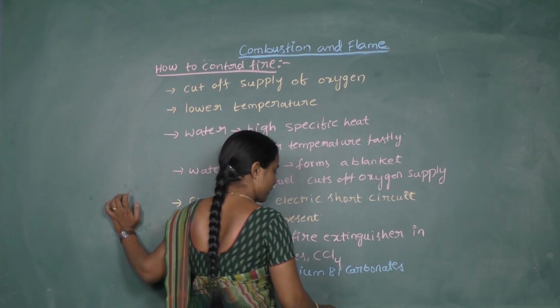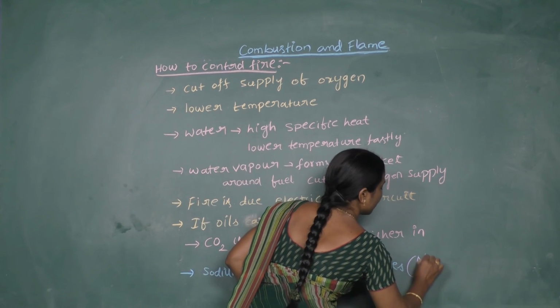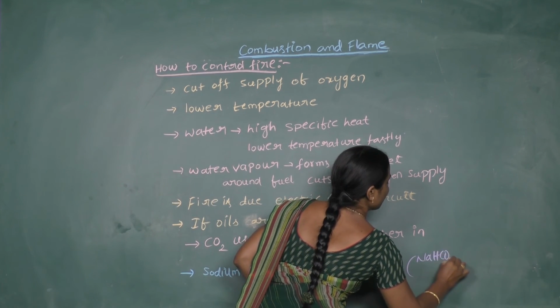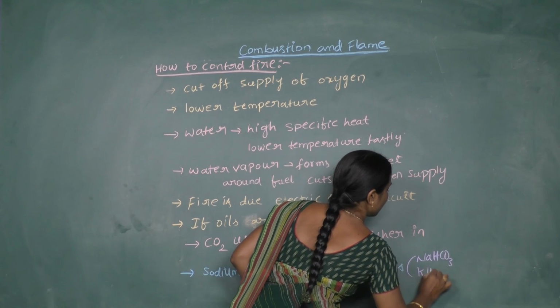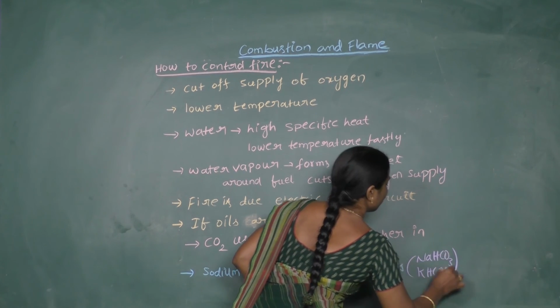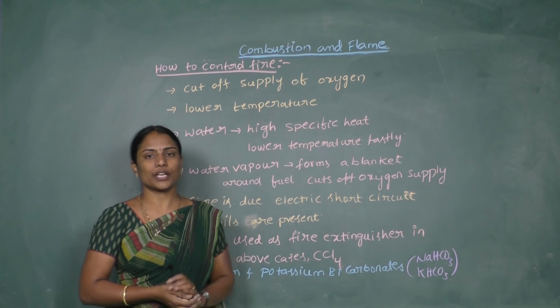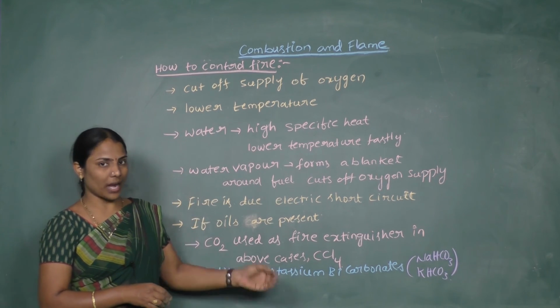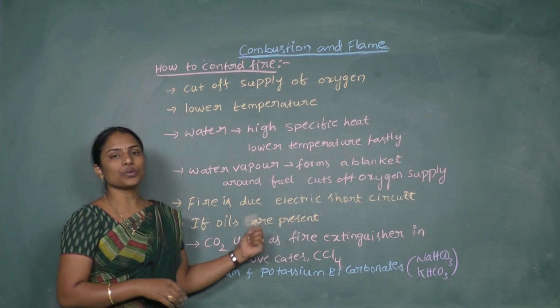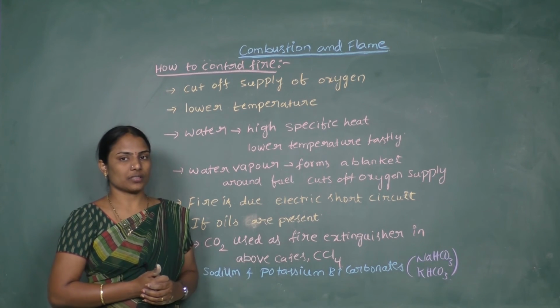The formulas of these two are NaHCO3 or KHCO3. We can use these compounds to generate the carbon dioxide instantly, so that we can use them as fire extinguishers, right?